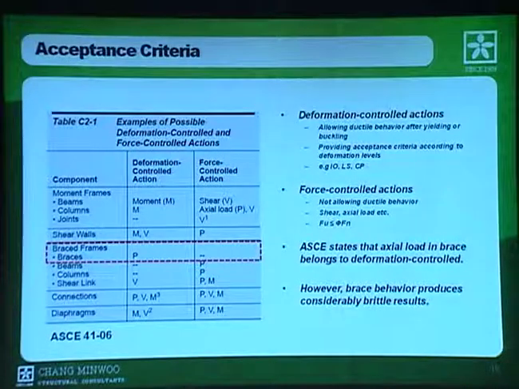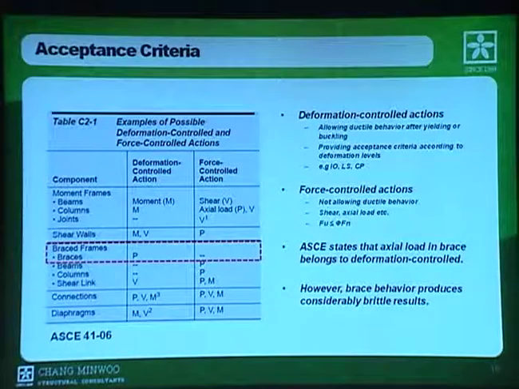Actually, this table comes from ASCE 41-06. A deformation-controlled action allows ductile behavior after yielding or buckling, and it also provides acceptance criteria according to deformation level. So deformation control means that you can consider beam plastic hinging or elastic or inelastic buckling of a brace member.